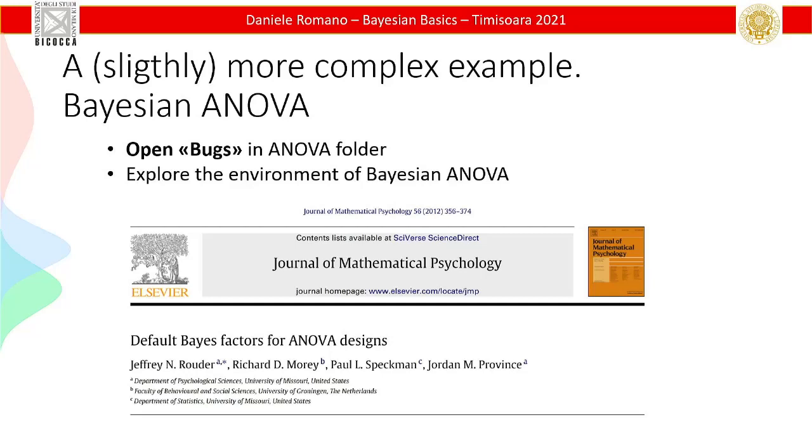This is the reference paper for the basic methods of this Bayesian ANOVA, and the idea is just calling it ANOVA because typically in the frequentist world, when you have a factorial design or different predictors, it is called ANOVA, even if it's not. It's easier to make a parallel between the two. So that's why it's called Bayesian ANOVA.